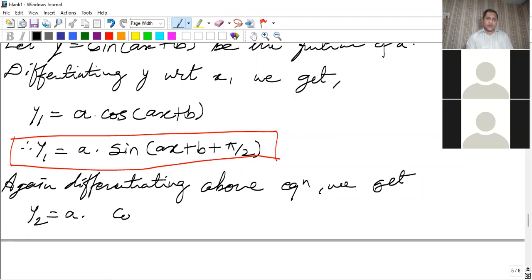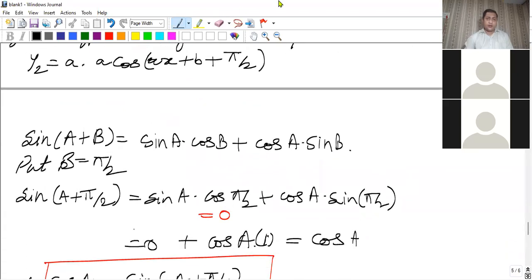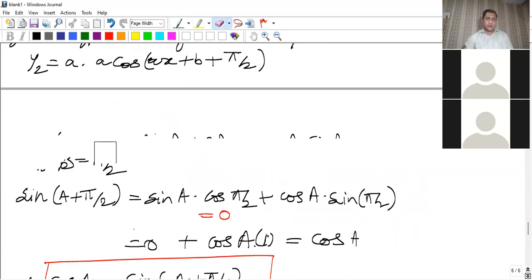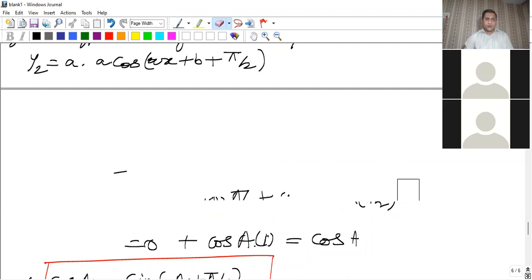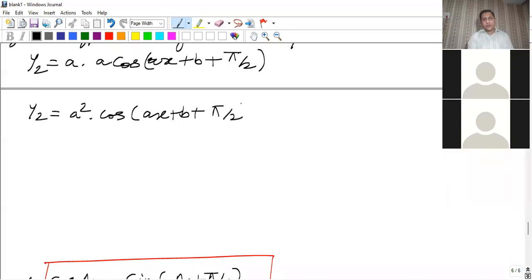The derivative of sine is cosine, so it is cos of ax plus b plus pi by 2, and the coefficient of this term again is a. So the derivative we got here is y2 is equal to a square cos of ax plus b plus pi by 2.